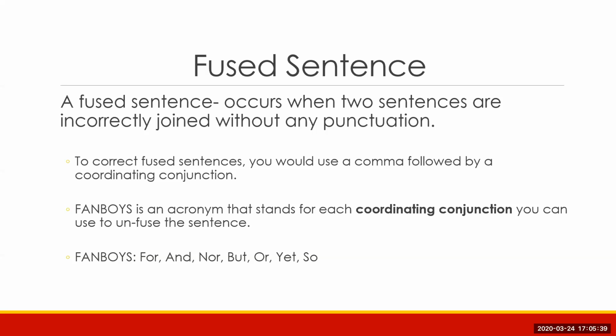It's a way for you to remember these things. Those are for, and, nor, but, or, yet, so. Any of these words can be used to correct a fused sentence. And like I said, you would need a comma as well. But using one of those words and a comma will unfuse the sentence.